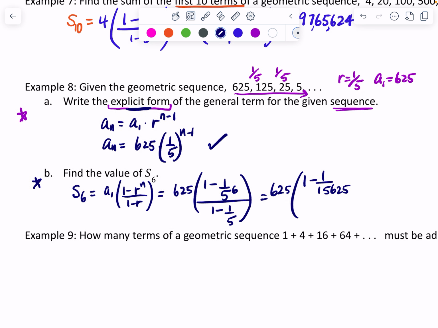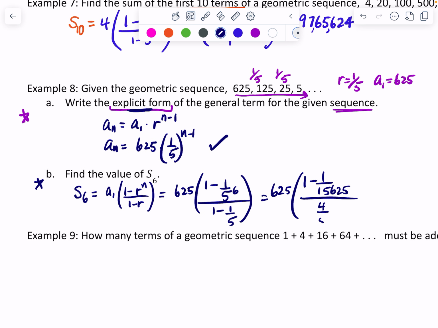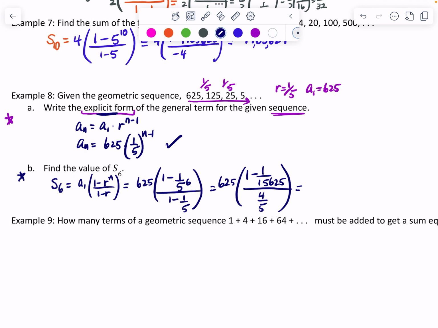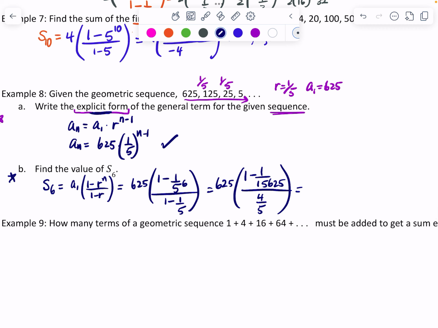625 times 15624 over 5^6, and then times 5 divided by 4.